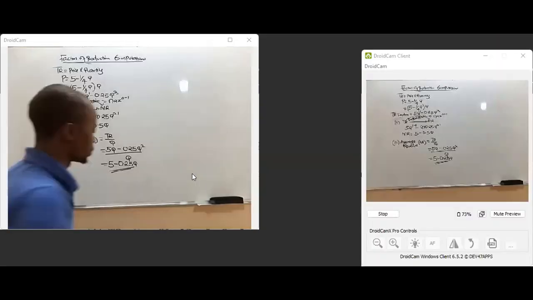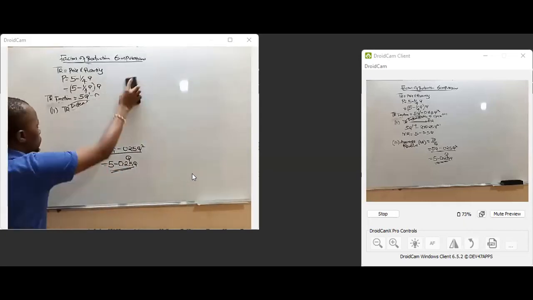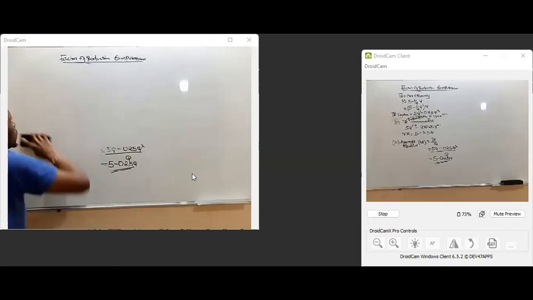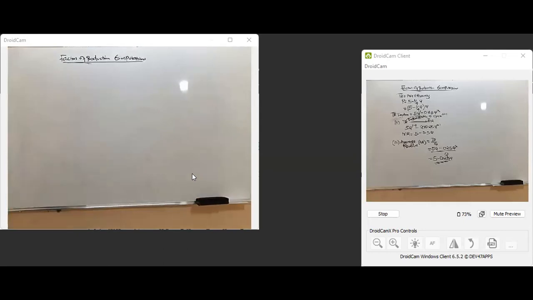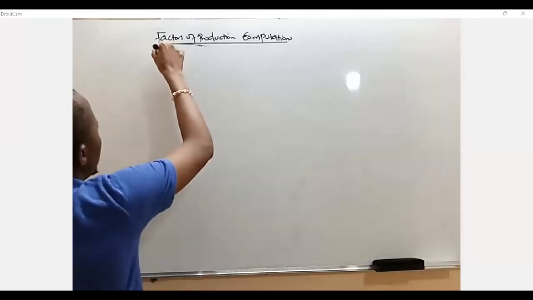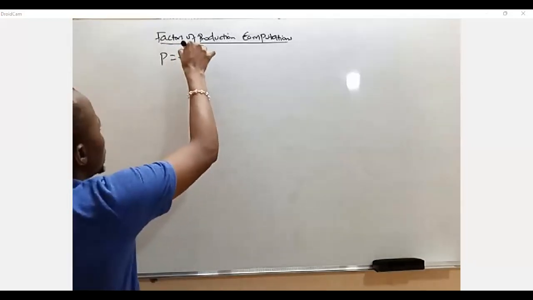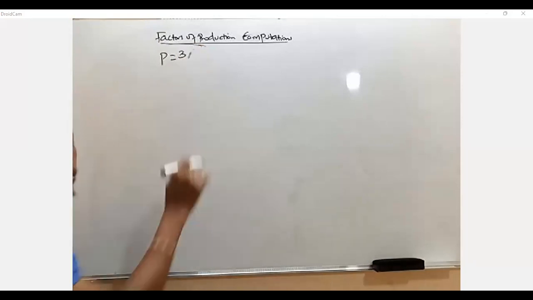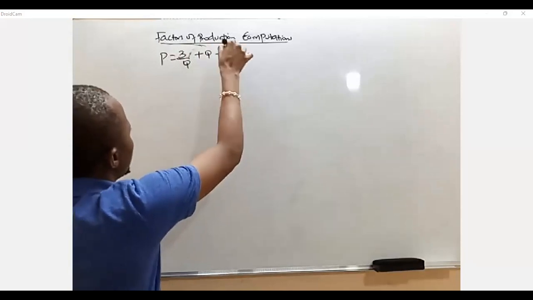So given this equation here, I know that this one is very clear, but we are talking about the price function. The price function provided, P is equal to 3 divided by Q plus Q minus 5.